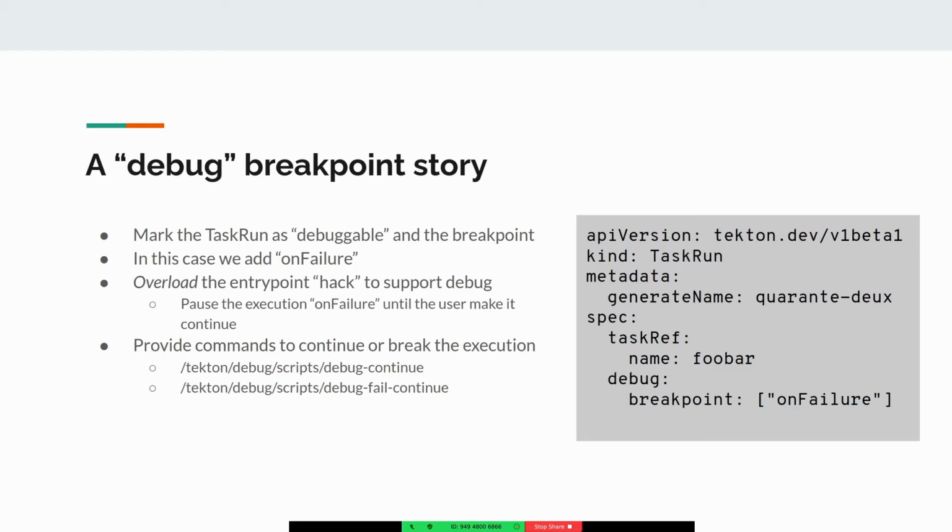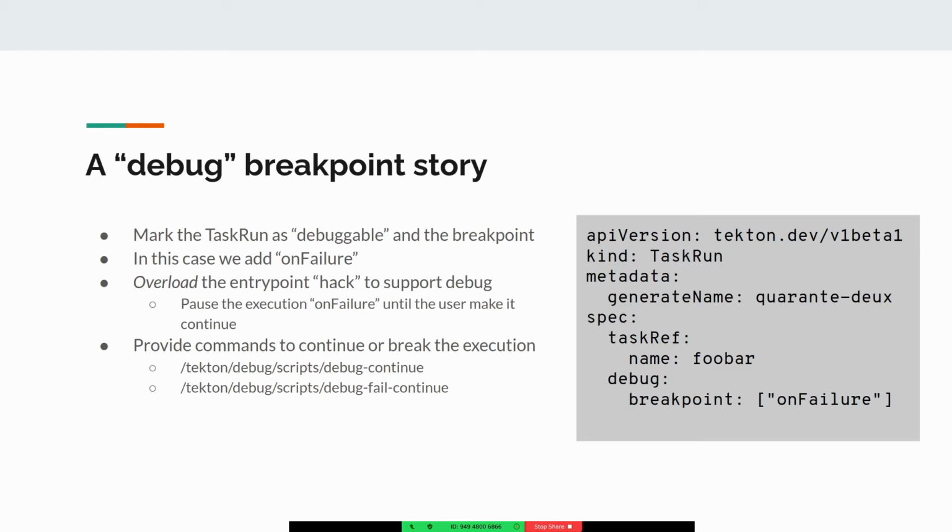As Vincent said, to start providing the feature for debug, we had to expand this entry point hack and flip it over its head and use this hack to actually control the life cycle of the steps itself, so that when a step is executing and it fails, the step should stop at the failure and not stop the execution of the task run itself.